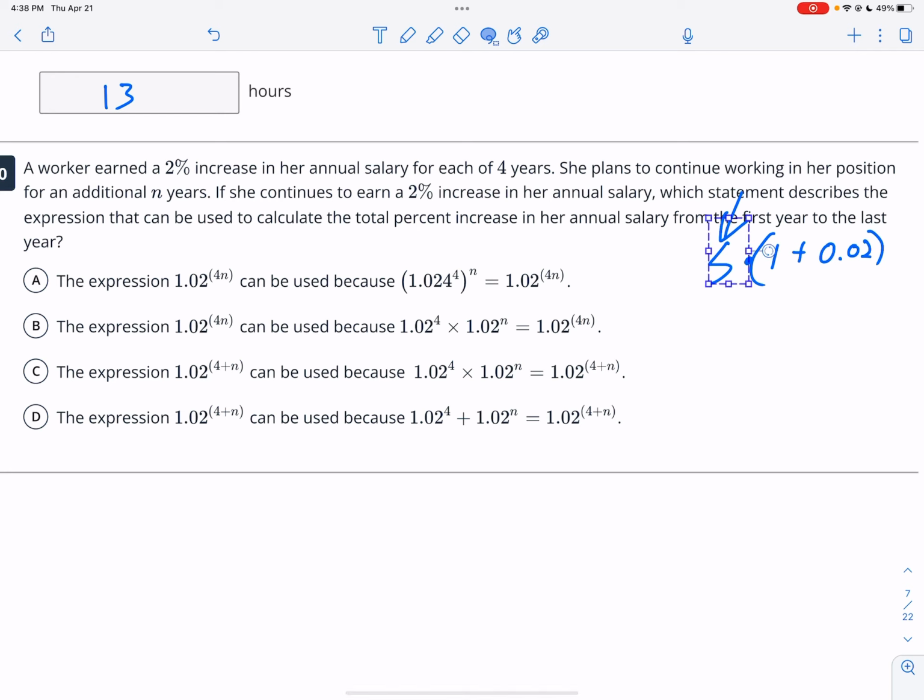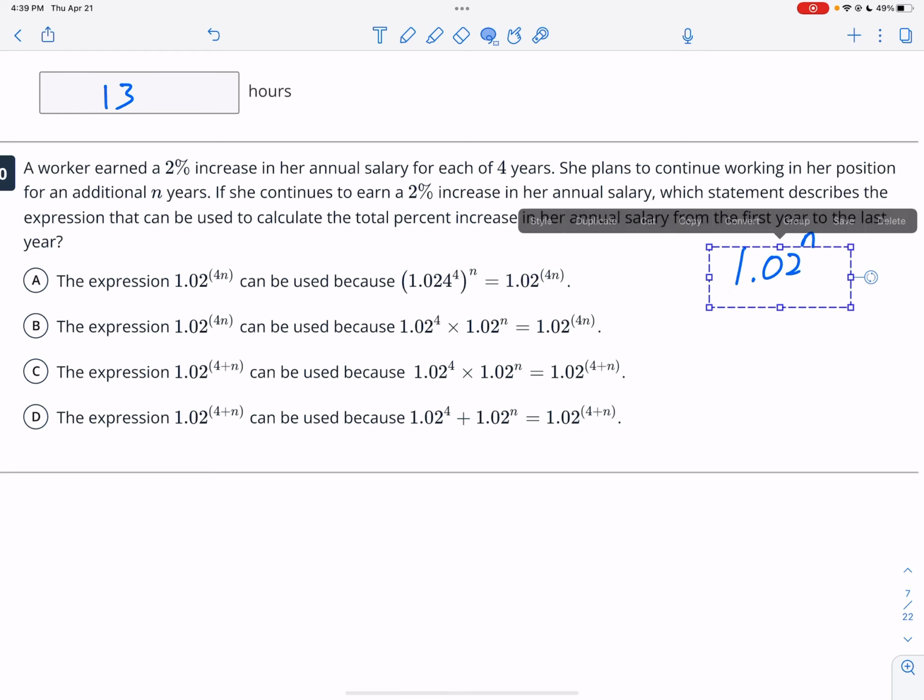So every year, her current salary before the raise will be multiplied by 1.02, times the next year, times the next year. And there's a much easier way of writing this, and that ends up becoming 1.02 to the N, with N being how many years she's getting that salary.